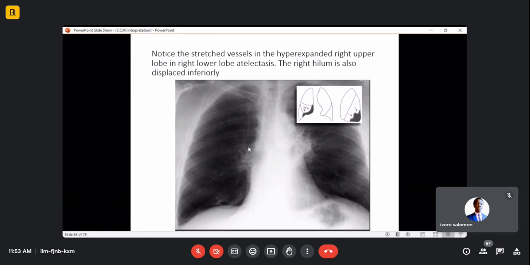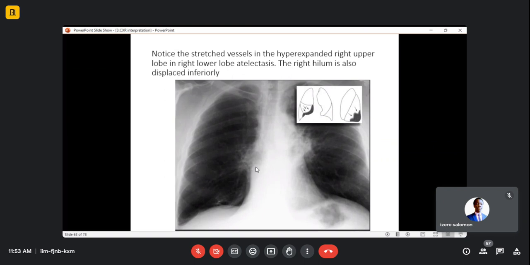And it looks like there is overcompensation of this lung, too dark compared to this. Look, this is how this lung looks, and this one has more air. Those are the signs that tell me there is something here that's not clear.